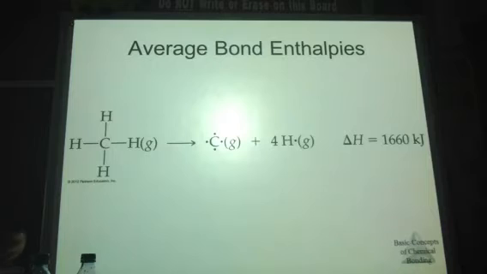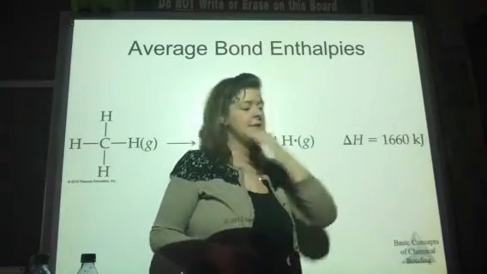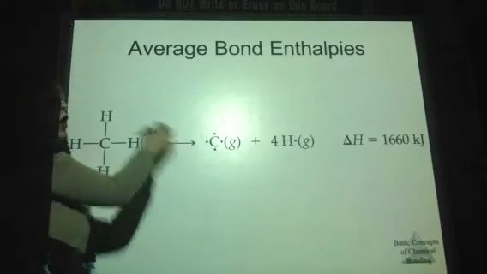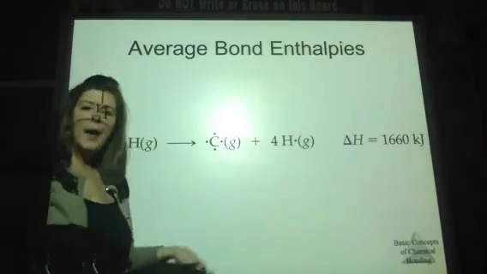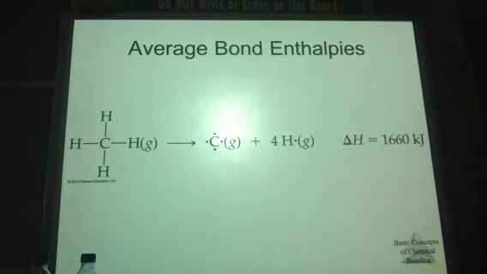If I want to find the bond enthalpy of methane, we have that calculated as 1,660 kilojoules. But that would be for breaking all 4 of those bonds. So how much would it be for breaking just one carbon-hydrogen bond in methane?